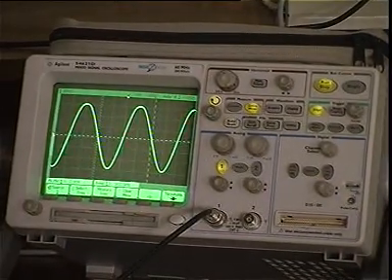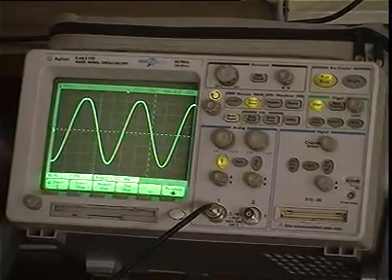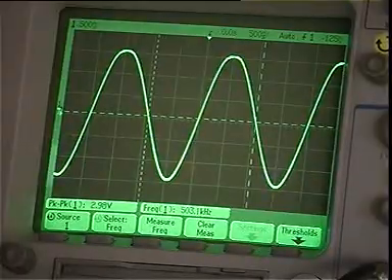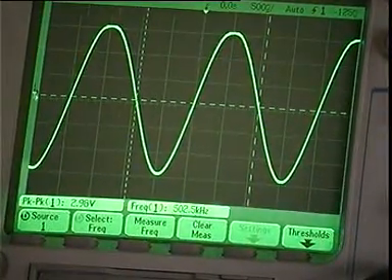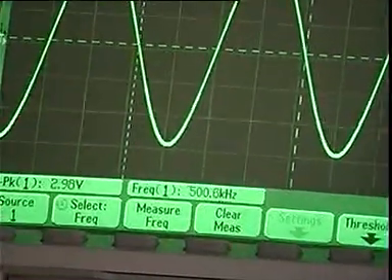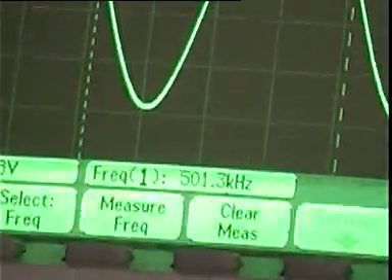This shows a frequency of 503 kilohertz or so. Let me adjust it slightly. So that's about 500 kilohertz.